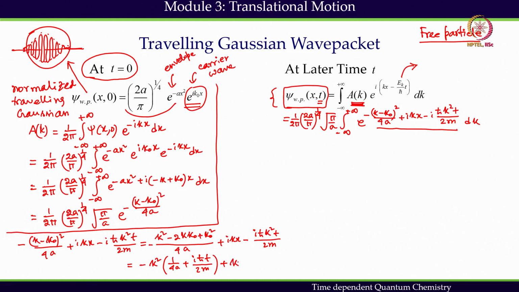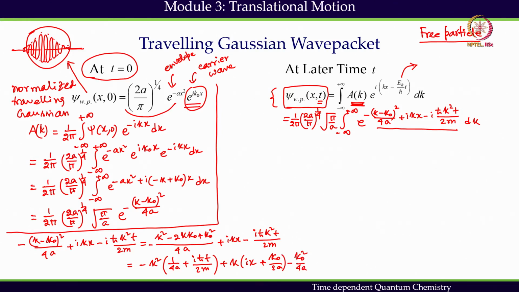This is just tedious mathematical derivation, that is all. There is nothing very complicated here. k naught by 2m minus k naught square by 4a.